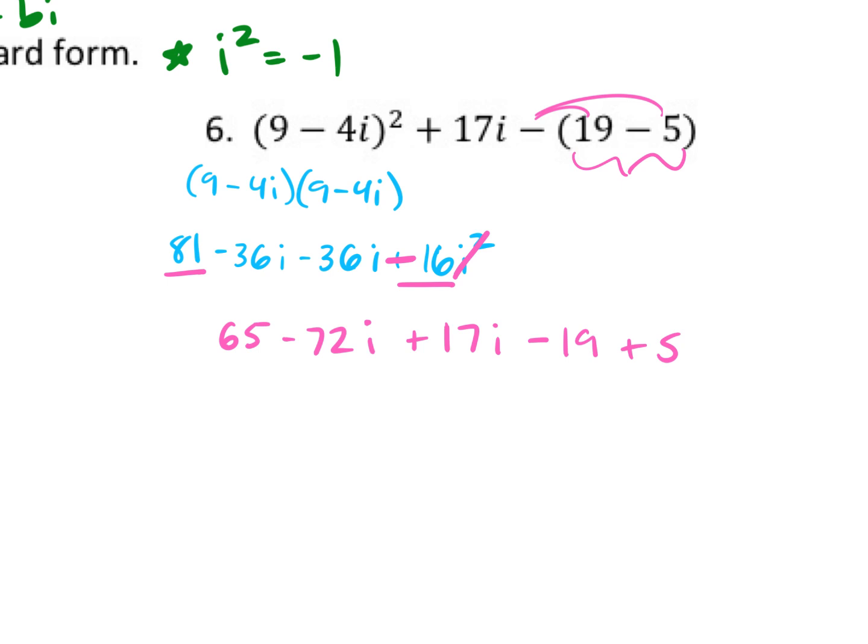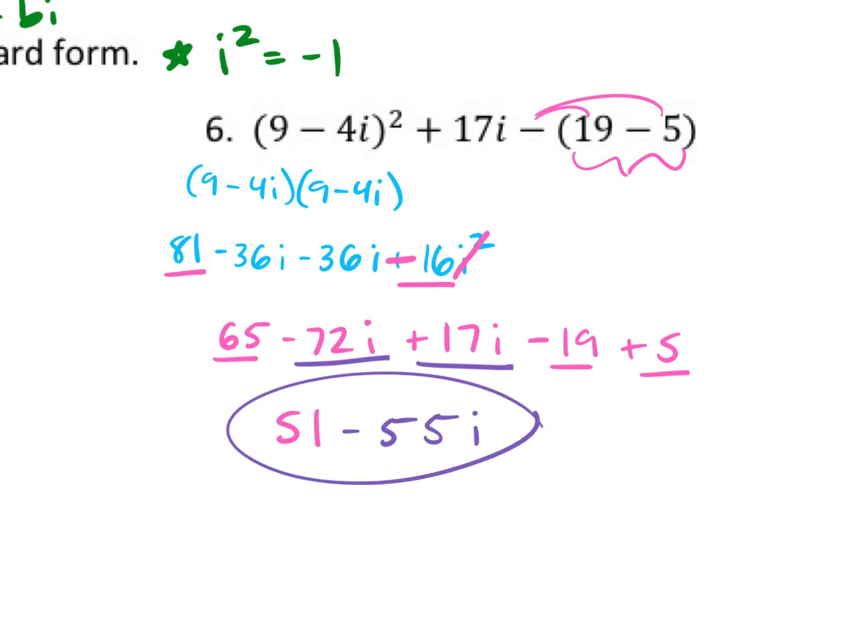Then we want to continue to combine our like terms. I'm going to add the real parts together first. So 65 plus 5 would be 70. Minus 19 would be what? 51. And then negative 72i plus 17i, negative 55i. So that would be our answer.